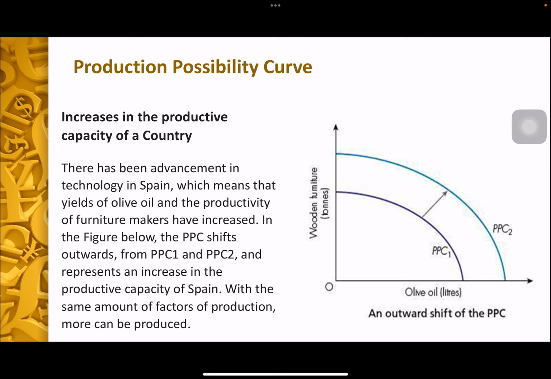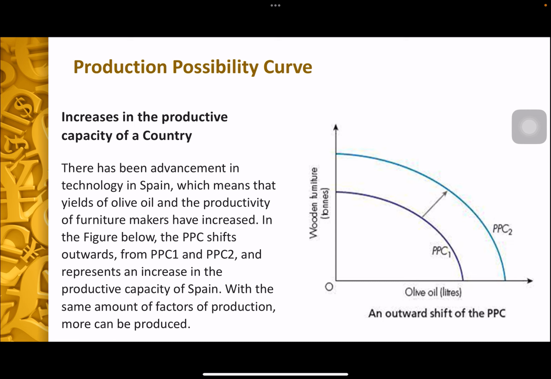Now, what if the productive capacity of a country increases? Like in the previous example, we were making wooden furniture and olive oil, but due to the advancement of technology in a country, the productivity of both the olive oil and the furniture maker increased.